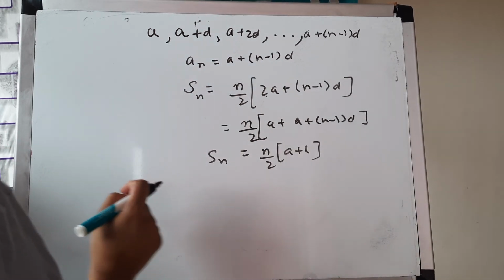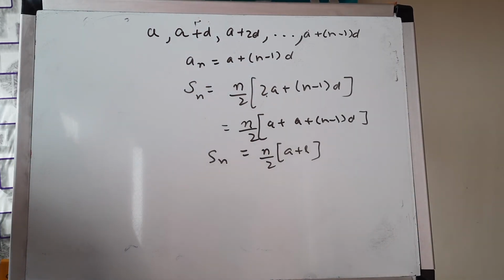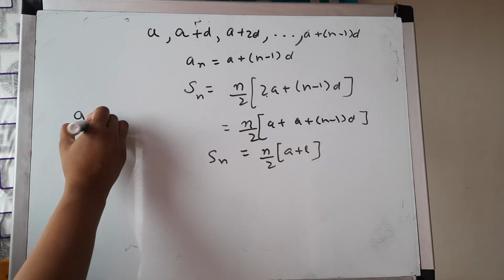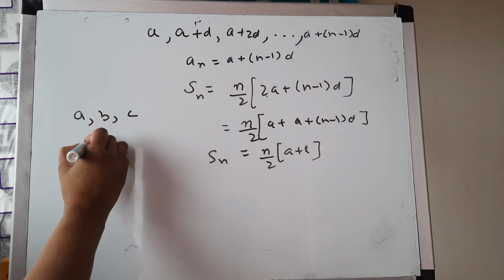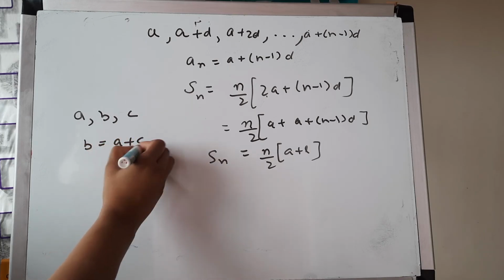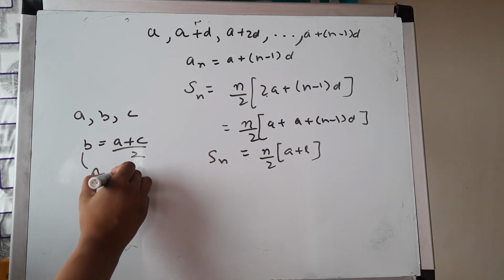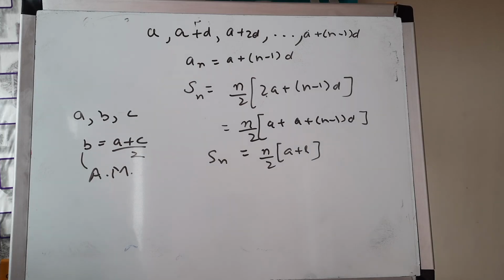So this is it. If a, b and c are in AP, what is b? a plus c by 2. This is known as arithmetic mean, AM. Okay, that's just a side note. So that is it. That's it for AP, arithmetic progression.